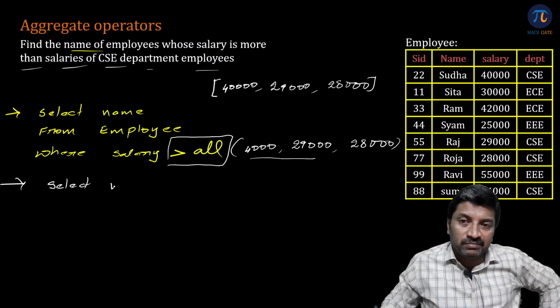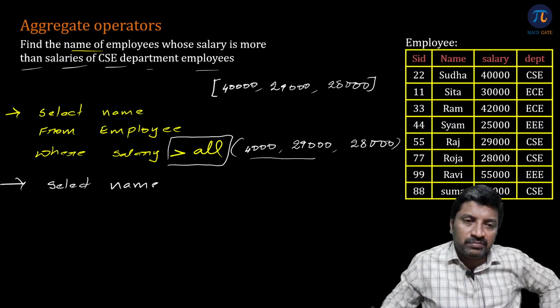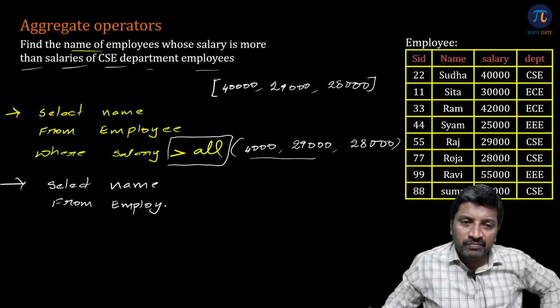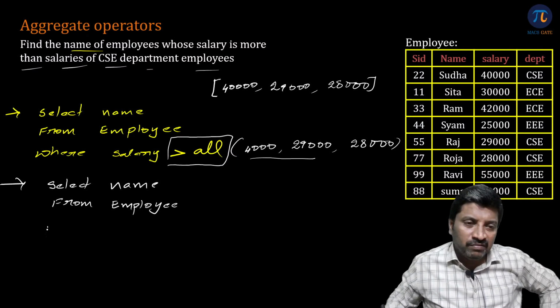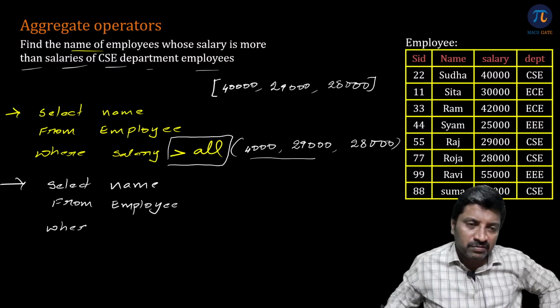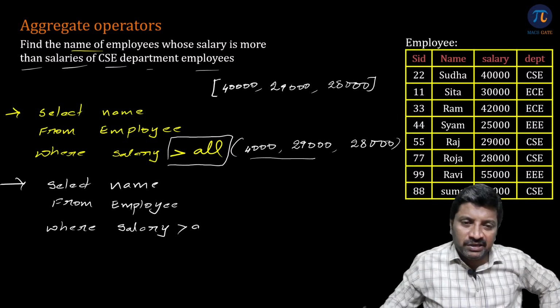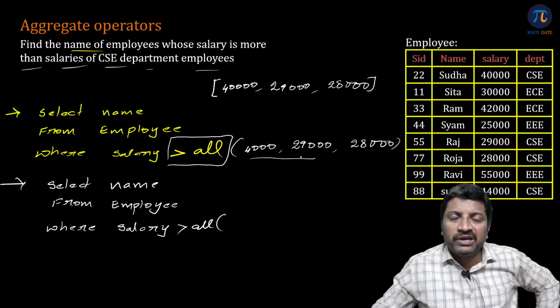So select name from employee where salary greater than all. How to get this list, sir?